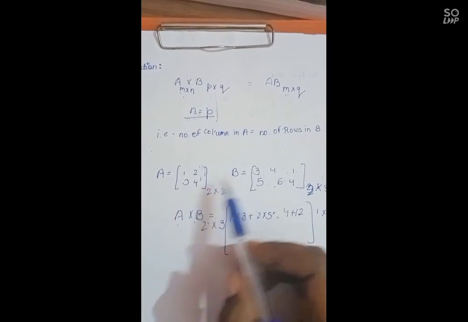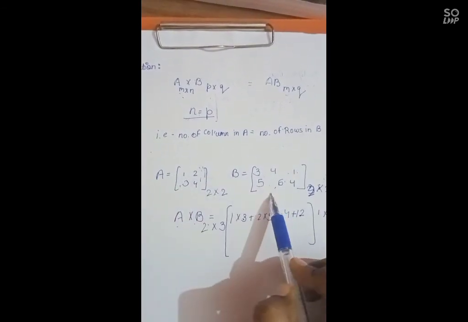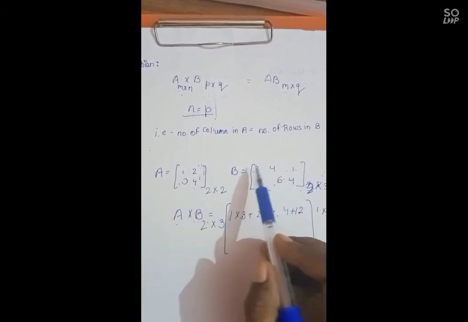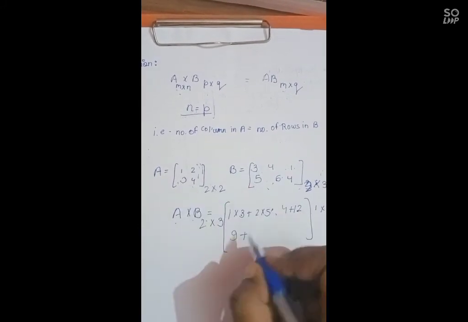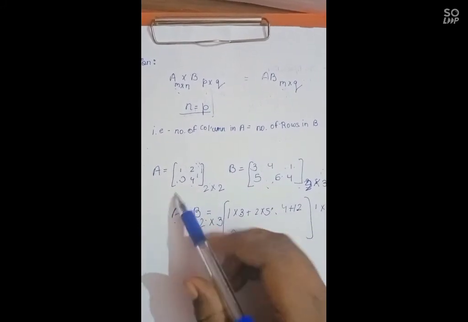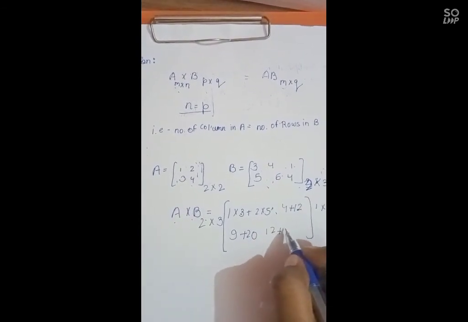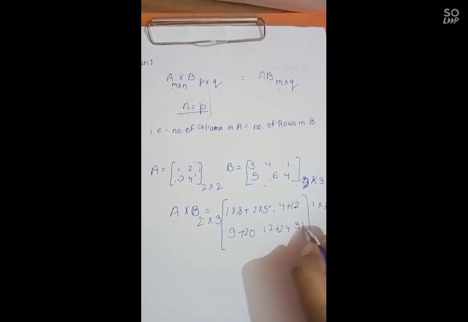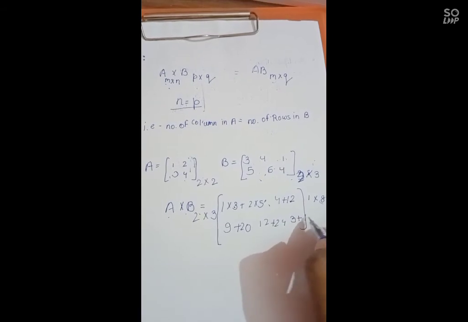अब हम सेकेंड रो का फर्स्ट कॉलम से करवाएंगे, फिर सेकेंड रो का सेकेंड कॉलम से, सेकेंड रो का थर्ड कॉलम से. So 3 into 3, 9 plus 4 into 5, 20, and then 3 into 4, 12 plus 4 into 6, 24, and then 3 into 1, 3, and 4 into 4, 16.